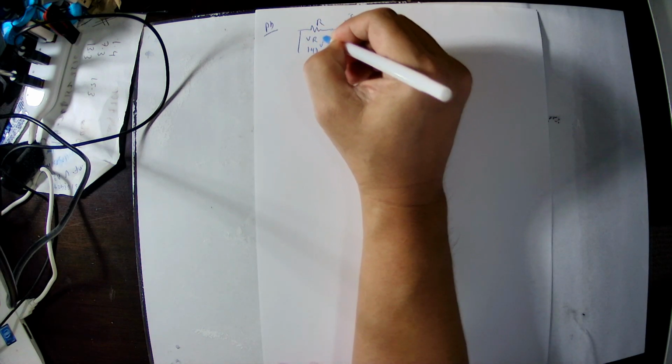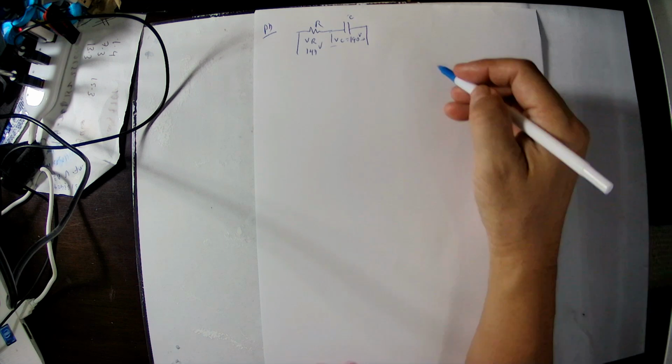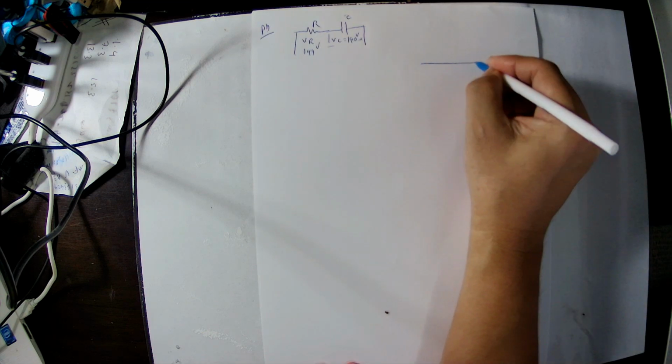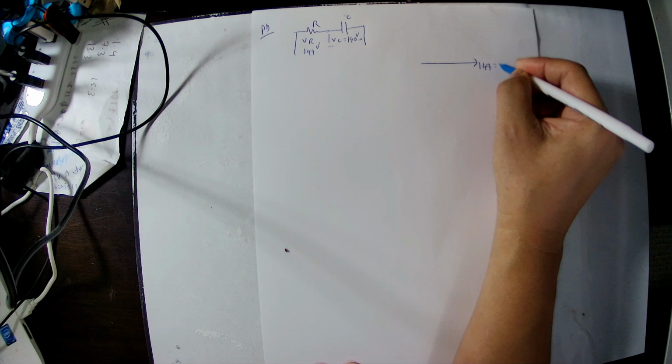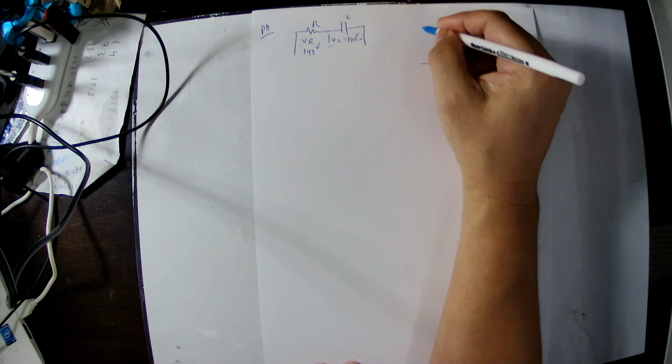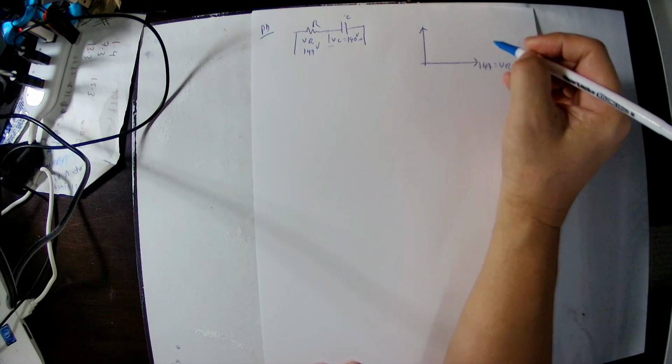VC 190, VR 147, so that we can draw the diagram. Voltage drop across the capacitor and voltage drop across the resistor. So the resistor voltage is 147, VR. Capacitor voltage is leading the resistor, so the VC 190.